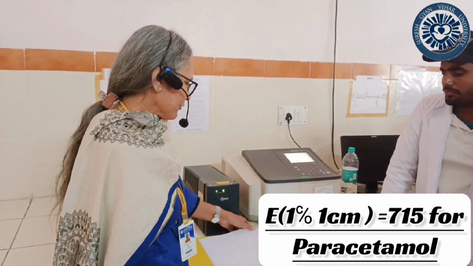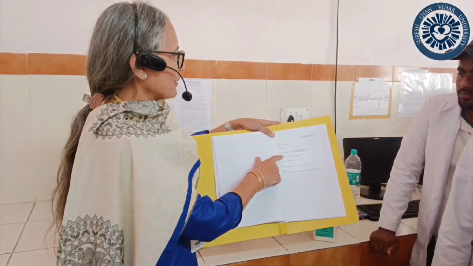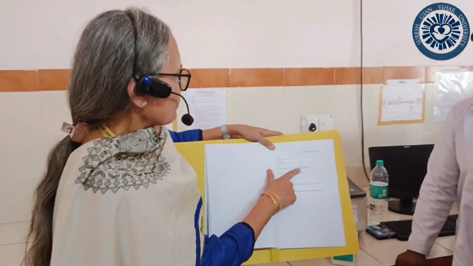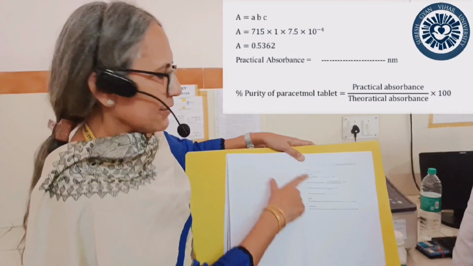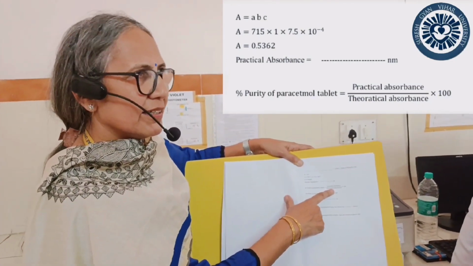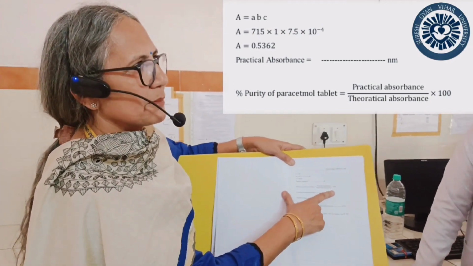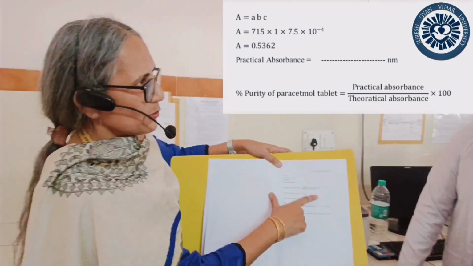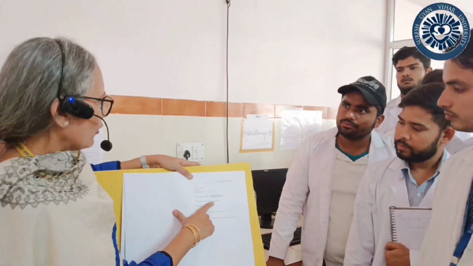So the practical absorbance which comes with the sample, divided by the theoretical absorbance given in the IP, multiplied by 100, gives the percentage purity. All the dilution factors are applied here, because in this sample, as Vinay told you, you have diluted twice. When you apply that dilution factor, it will give you the percentage purity of the sample.